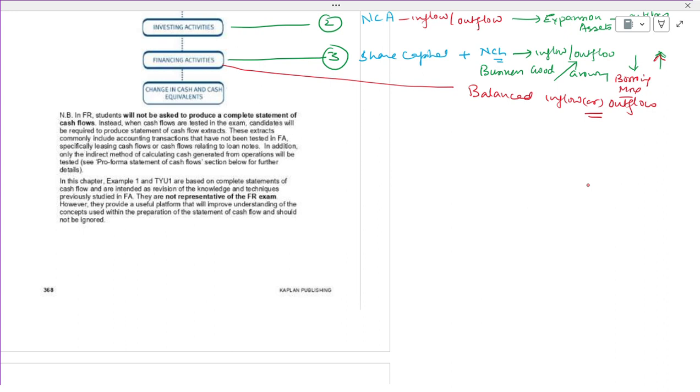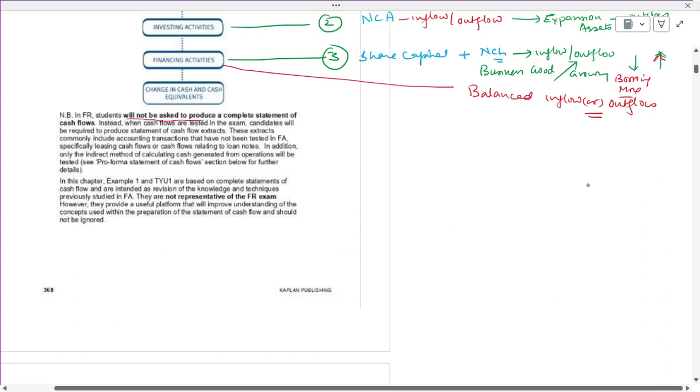Yes. They have mentioned in the first sentence: in FR, students will not be asked to produce a complete statement of cash flow. They will not ask. We will do it, but they will not ask.